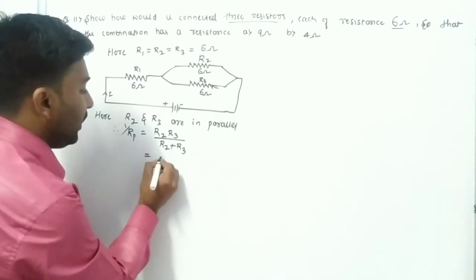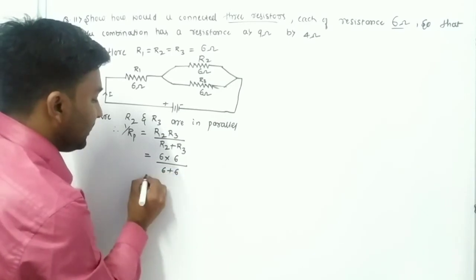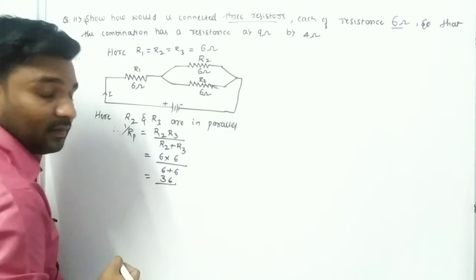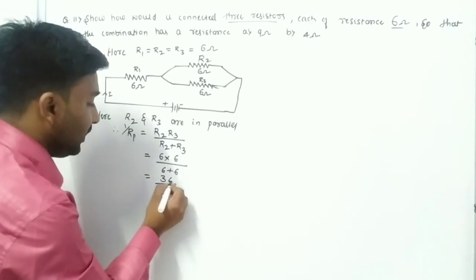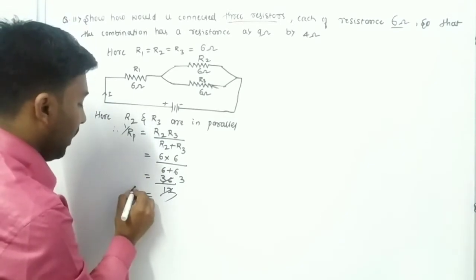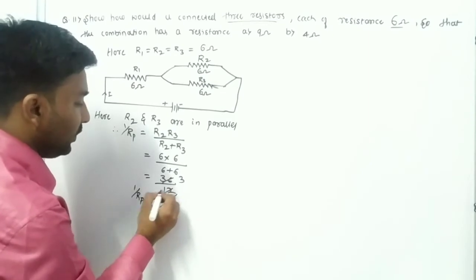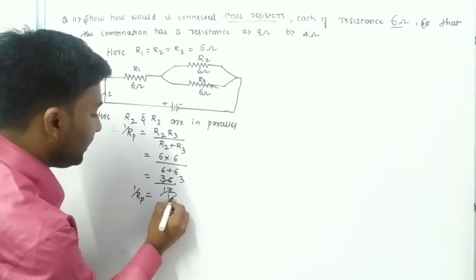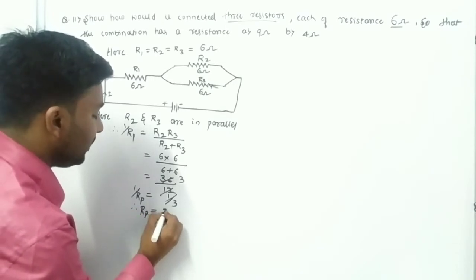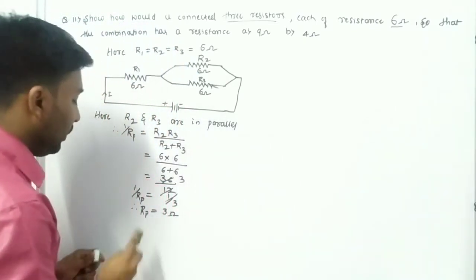This is equal to R2 is 6, R3 is 6 ohm, 6 plus 6. 6 into 6 is 36, 6 plus 6 is 12, 12 threes are 36. Therefore, RP is equal to 3 ohm.